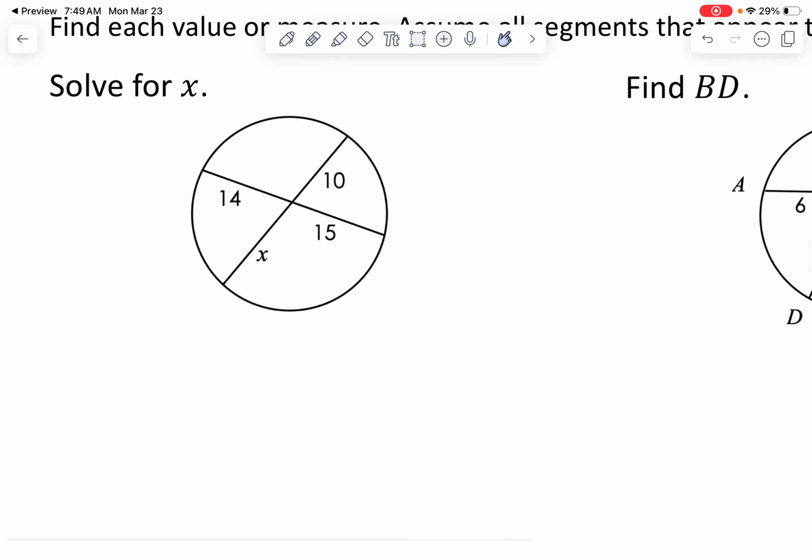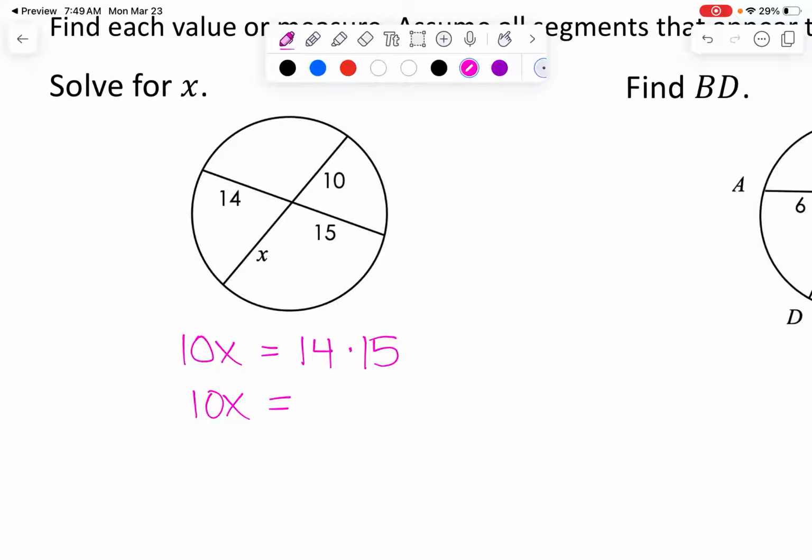So I just multiply the two pieces. 10 times x should be equal to 14 times 15. So 10x equals 210. If we divide by 10 on both sides, we get 21. So x equals 21. That's how you can find that missing piece using that relationship.